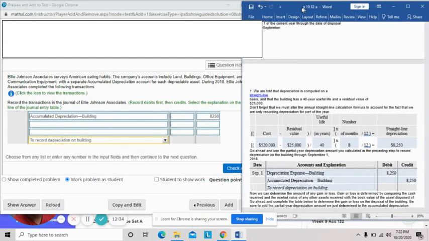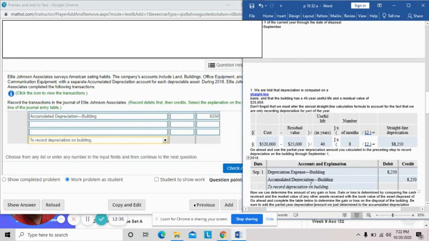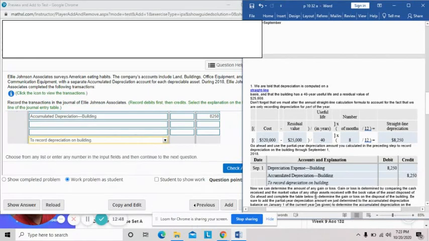So back to this here. Now we can determine the amount of any gain or loss. Gain or loss is determined by the company by comparing the cash received and the market value of any assets received with the book value of the asset disposed of. I will go ahead and complete the table below, determine the gain or loss on the disposal of the building.